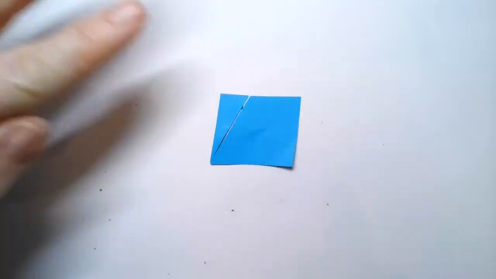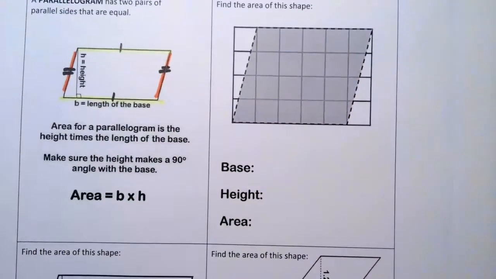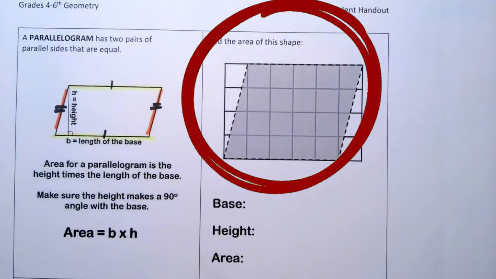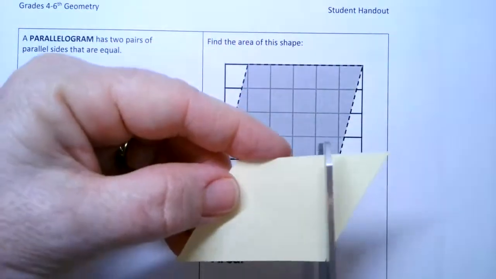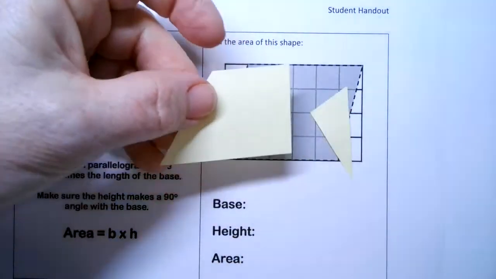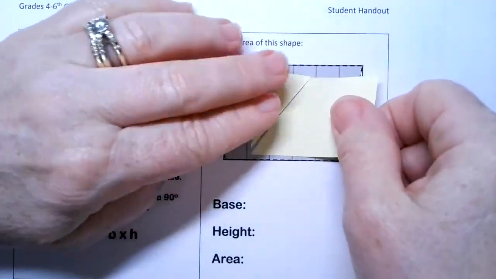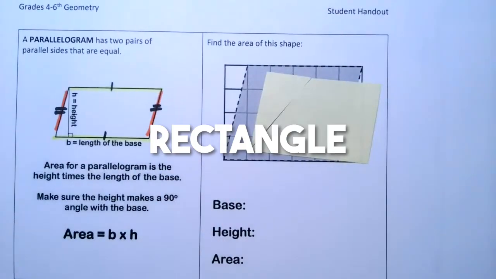And does this remind you of a shape? Yes, that's what's happening here on page 3 with this picture. So what we're saying is we have a parallelogram, okay? And if I cut this part off, it will perfectly fit on the other side. And now we have a rectangle.